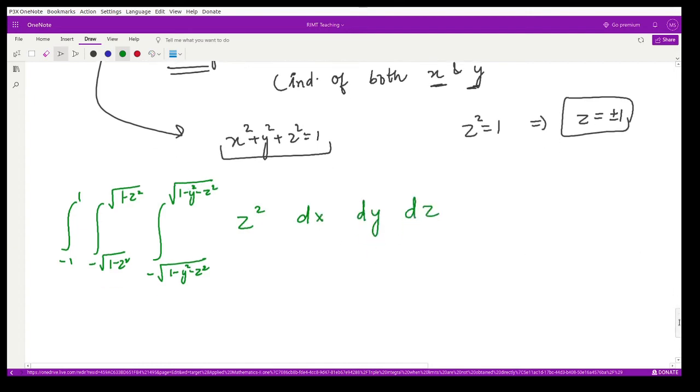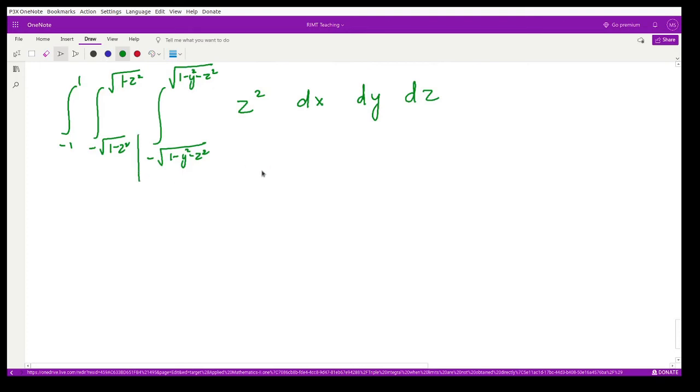So the first task is to solve this inner integral. Now you see this function is an even function, and you have the limits from minus the same quantity to the same quantity. So you can convert this limit into the limit from 0 to the same limit and 2 times the function. So it becomes 2 times for this limit, 2 times for this limit, and 2 times for this limit.